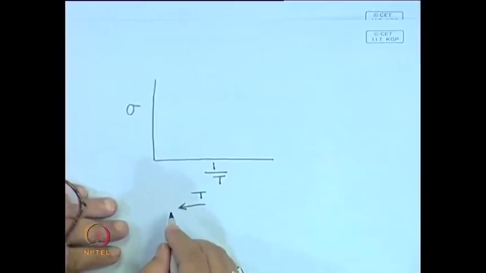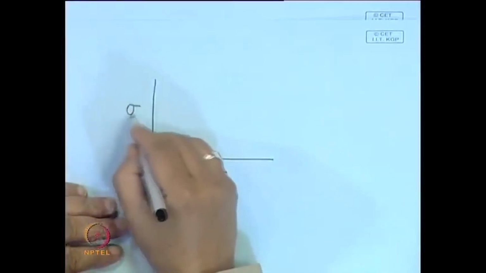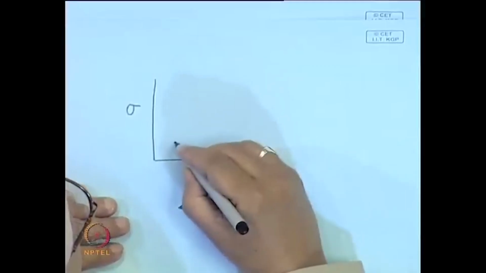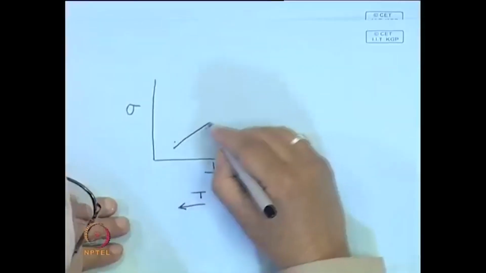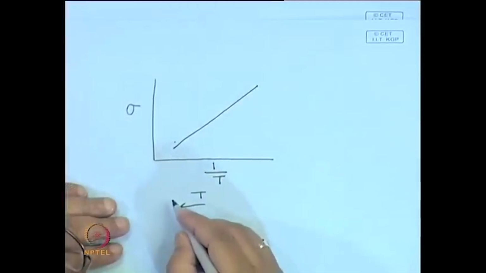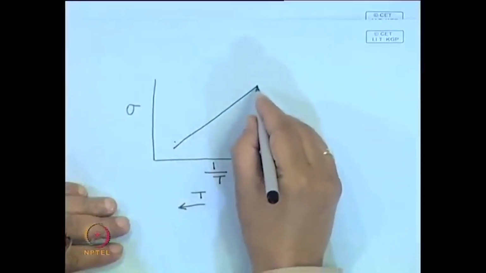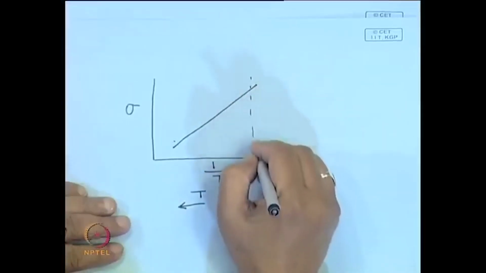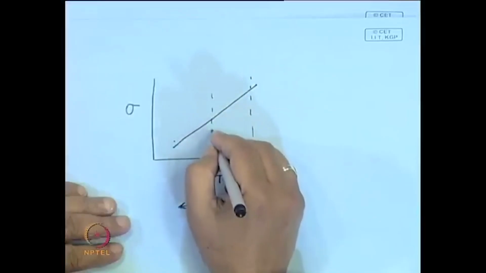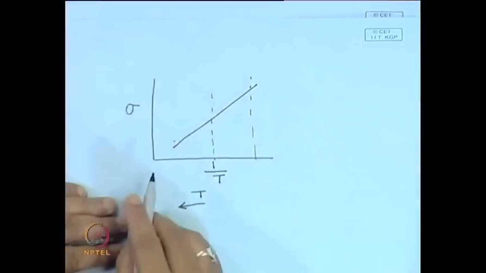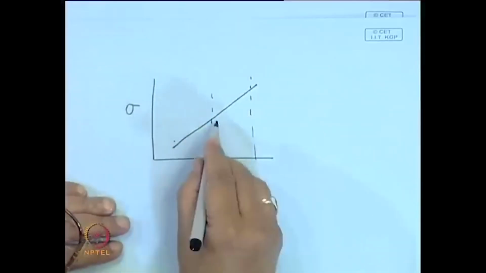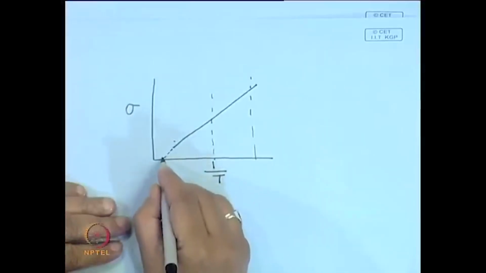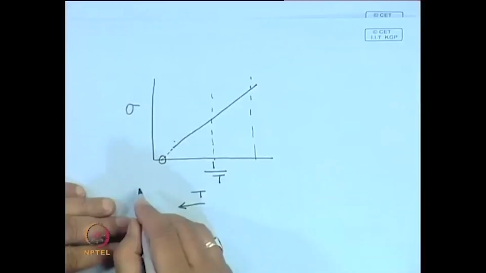That means the higher the temperature, the lower the strength of the material. So, it is something like this. At a low temperature, room temperature, your strength may be somewhere here, but if you increase the temperature, the material is more amenable. For most materials the strength goes down, and it will be easier to deform it. If you extend it, it may reach a point 0.